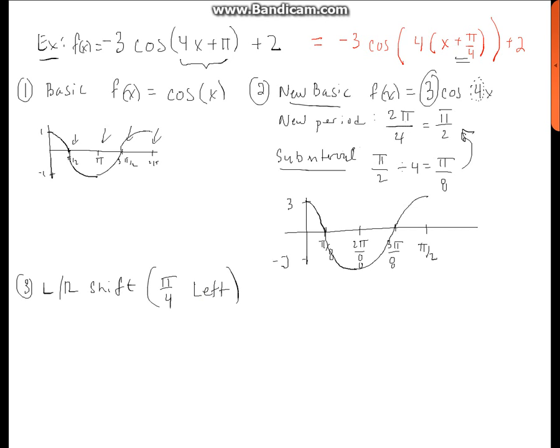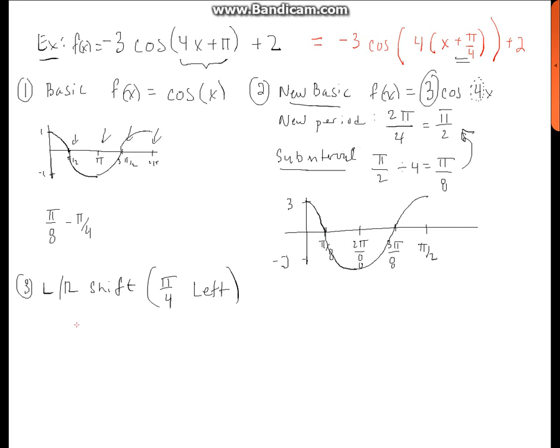Okay, so what this means is every dot you see here, we need to subtract pi over 4 from pi over 8 and go over, go over, go over, go over. So how do I figure this out? Well, you have to do a lot of side work. Pi over 8 minus pi over 4, because we're shifting everything pi over 4. I'm just going to keep control of my subintervals and keep track.